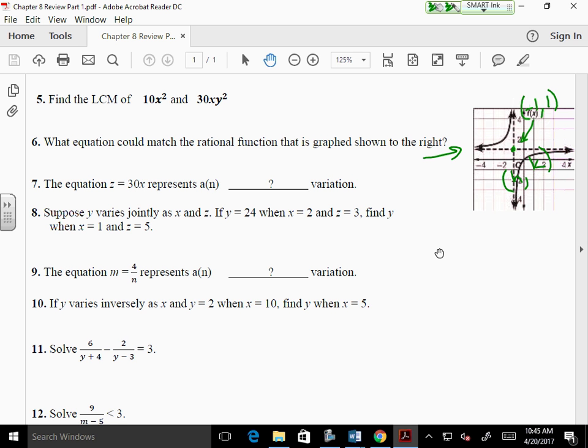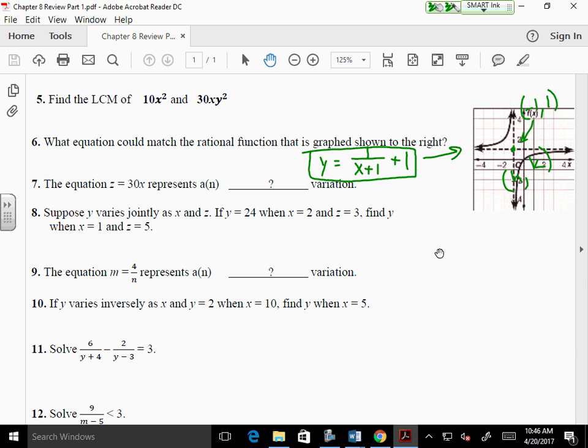And so we could use the equation 1 over x minus h. So that would be x minus a -1, x plus 1, and then plus k would be plus 1. So that's one possible equation for the graph.